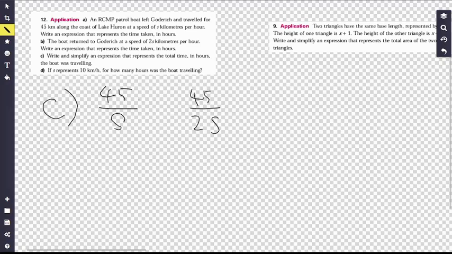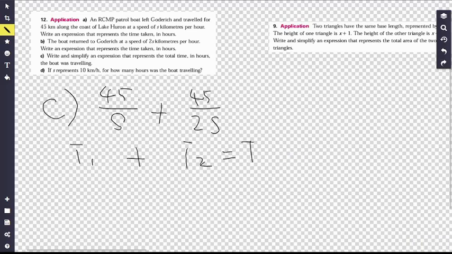Now we have to add them together, because this is T1 and this is T2, and we want the total time. T1 plus T2 equals T total. So this is the equation.